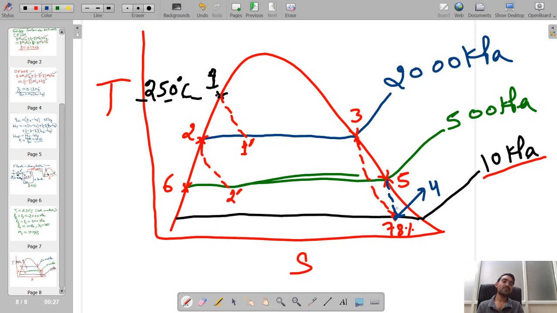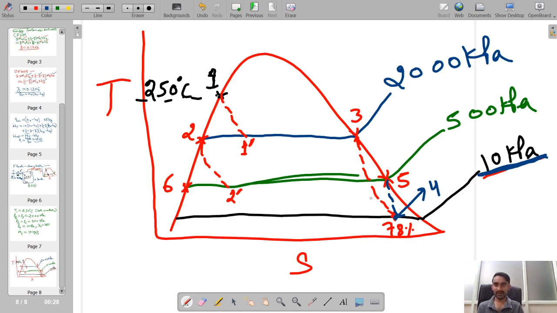In case this value of 78% was not given, and only the turbine exit pressure was given, we could have drawn the isentropic lines, considering the ideal nature of the process, from point number 3 as well as from point number 5. However, in this question the exit point of the turbine was given, so that's why we have drawn the process with actual lines.